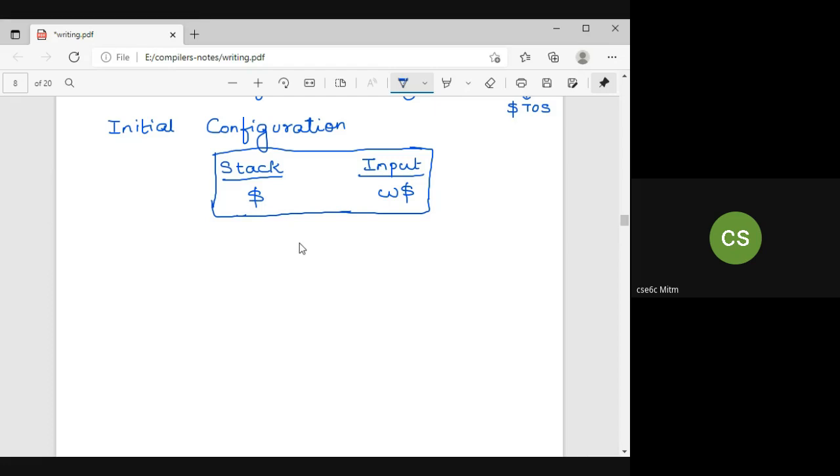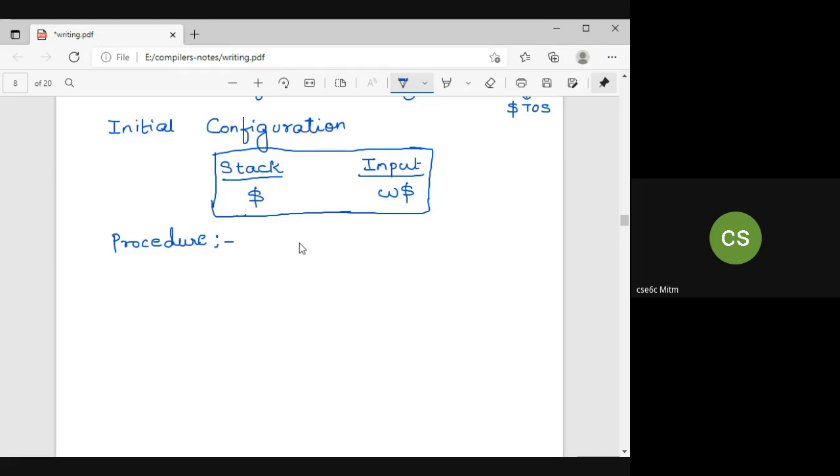Now comes the actual procedure. So we have identified the initial configuration and now we'll identify what is the procedure you have to follow for each step.